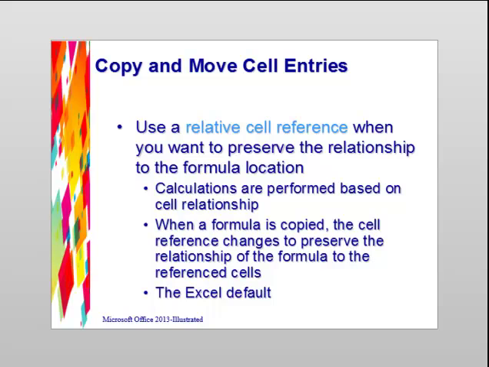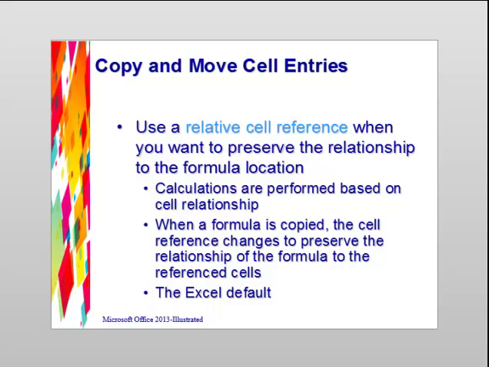Absolute reference refers to when you want a specific exact cell to be used. You have an absolute reference in B12, only B12, and that's the only cell that you want to use for your calculations. So when the formula is copied with a relative cell reference, the cell reference changes to preserve the relationship of the formula to the reference cells.